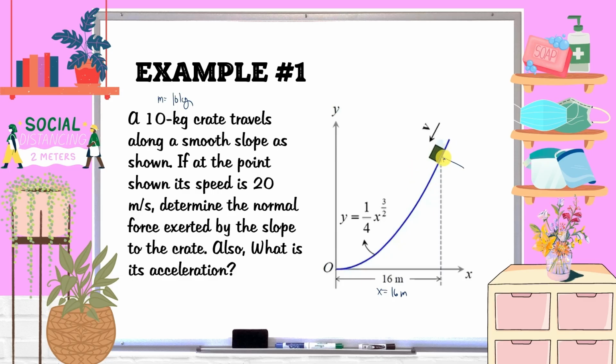It will be a normal force perpendicular to the slope, since we know that the normal force is the force exerted by the surface. Don't forget that the velocity does not move upward, it moves downward, at 20 meters per second. And we are also asked to find the acceleration.